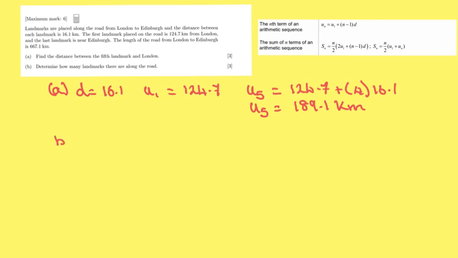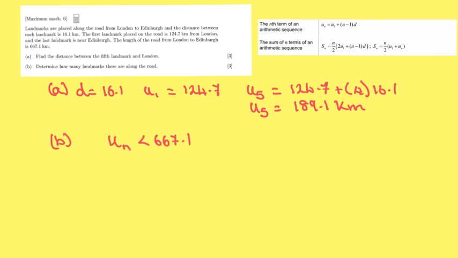Part B. Determine how many landmarks there are along the road. Right, London and Edinburgh are 667.1 kilometres apart. So we want to find un is less than 667.1 to determine what the value of n is.